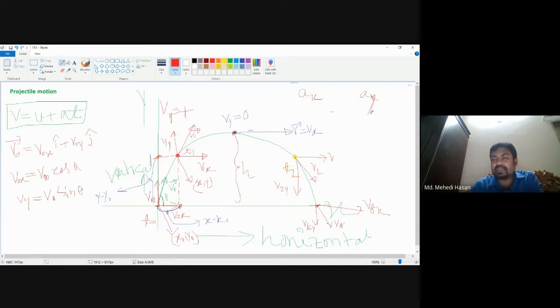And in projectile motion, the only acceleration involved is the acceleration due to gravity, which acts vertically. That means there is no acceleration along the horizontal. So ax will be 0 and ay can be plus or minus g. This is the acceleration along the x-axis and y-axis.